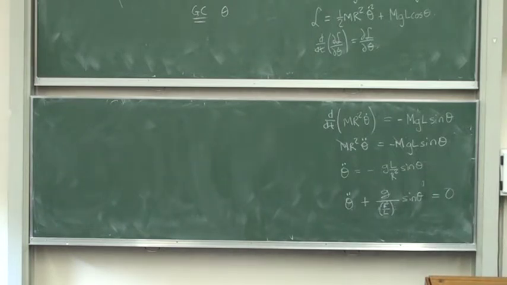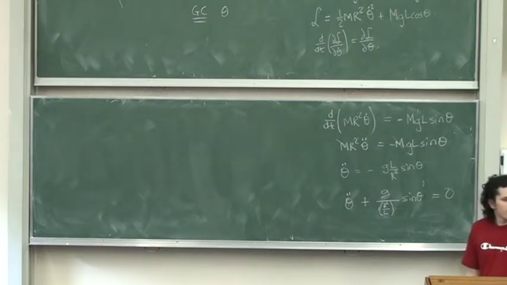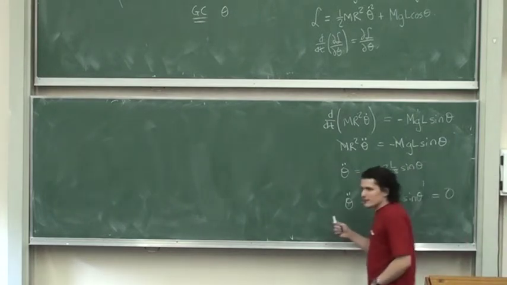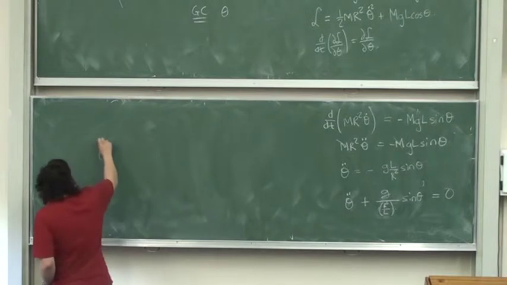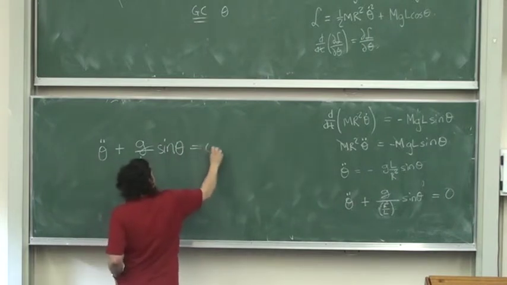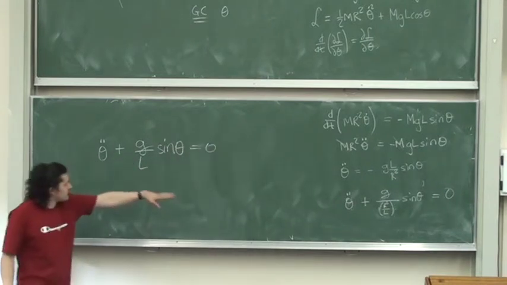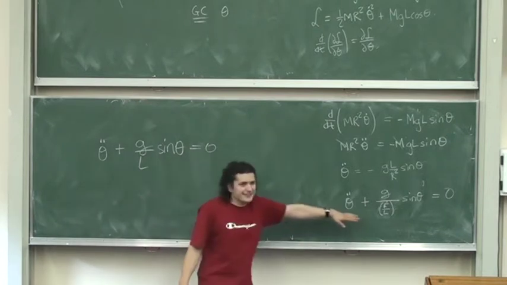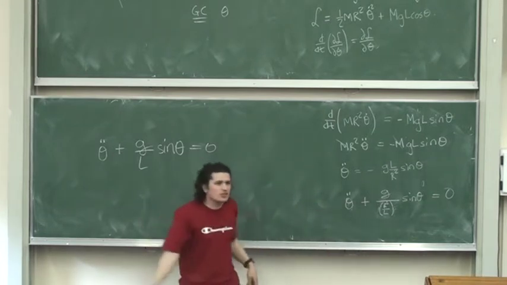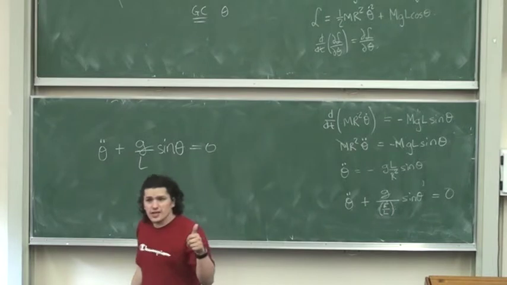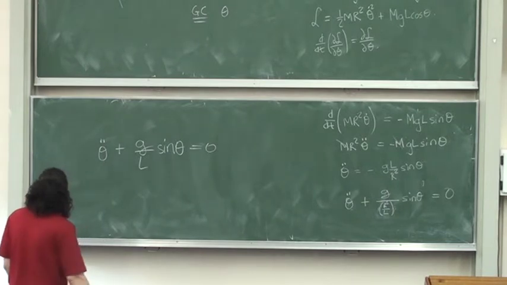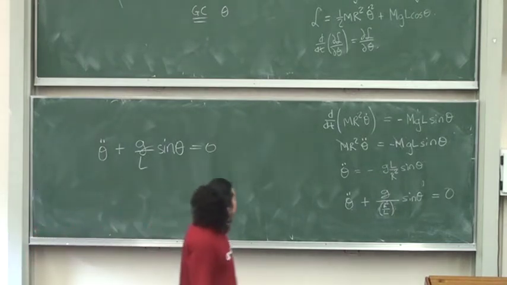Why did I write it like that? Because it looks like the motion of a simple pendulum. Correct. So the simple pendulum, if you recall, was theta double dot plus g over L sine theta is equal to 0. So we find that this compound blob thing moves in the exact same fashion as a simple pendulum, but with an effective length, a length determined by both the moment of inertia and the distance between the center of mass and the axis in my particular problem.